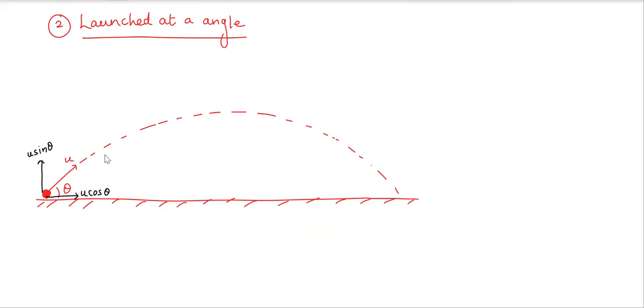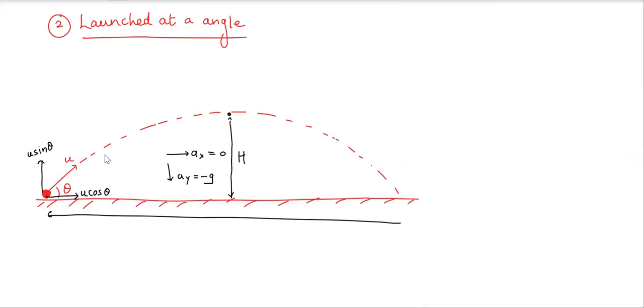There is no acceleration in the horizontal direction, and acceleration in the y direction is negative g. This projectile will reach some maximum height, let it be h, and it will also have some range R.